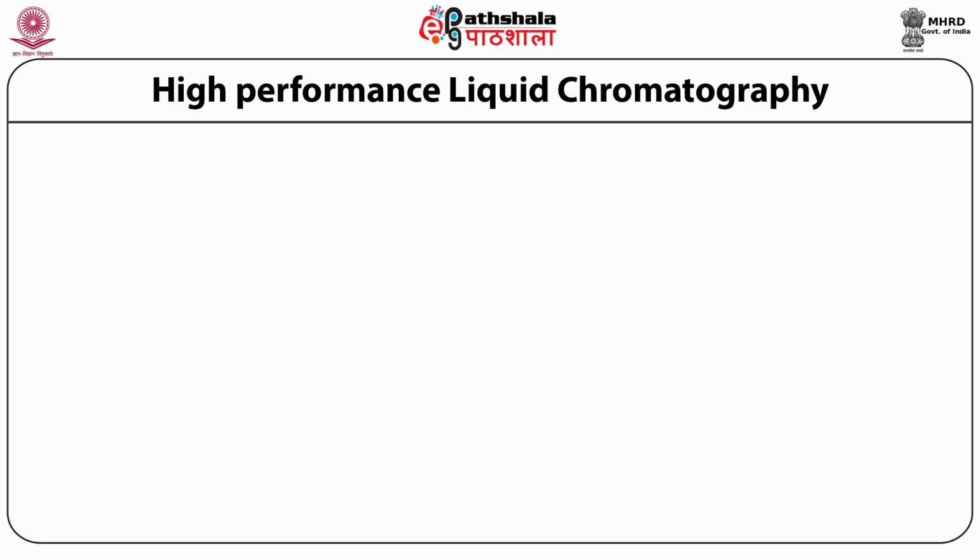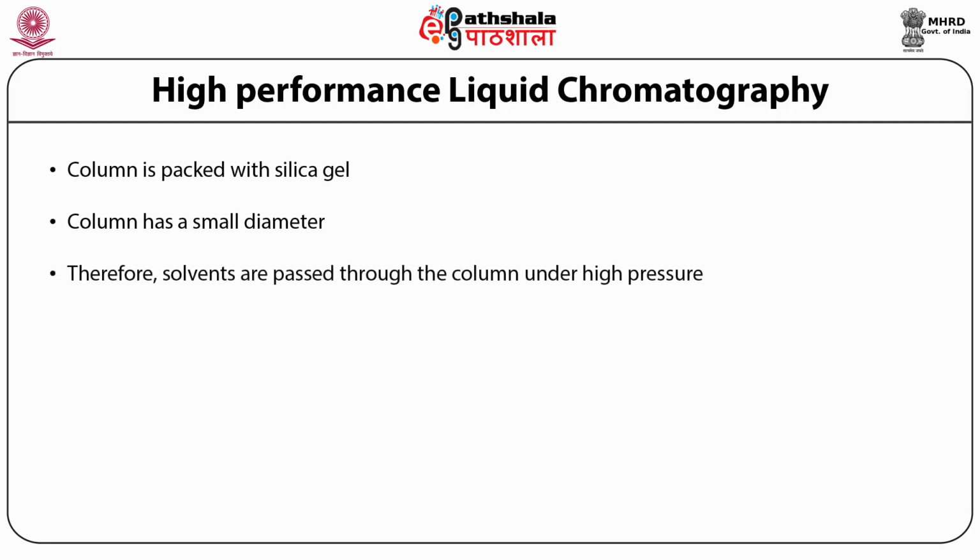In the case of high performance liquid chromatography, the column is packed with silica gel, and the column has a very small diameter. Since this column has a very small diameter, the solvents are passed through the column under high pressure.